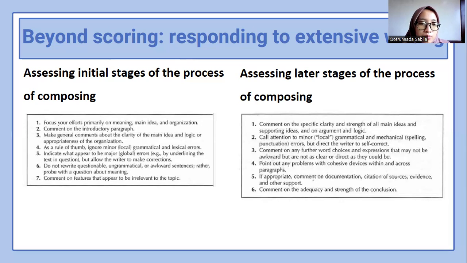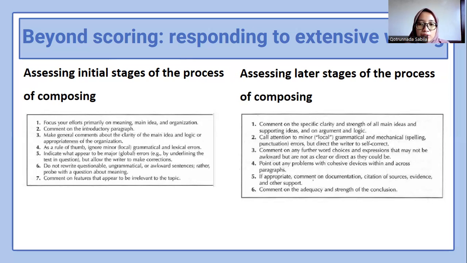As a rule of thumb, ignore minor or local grammatical and lexical errors. Indicate what appear to be major errors by underlining the text in question, but allow the writer to make the correction. And then do not rewrite questionable, ungrammatical, or awkward sentences; rather, probe with a question about meaning. Comment on features that appear to be irrelevant to the topic.